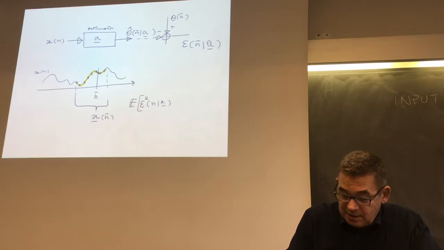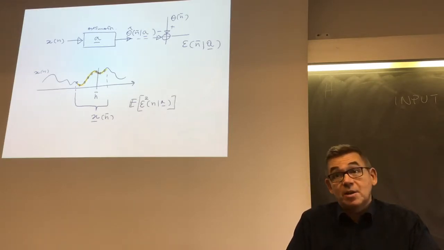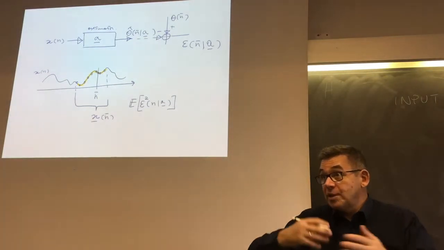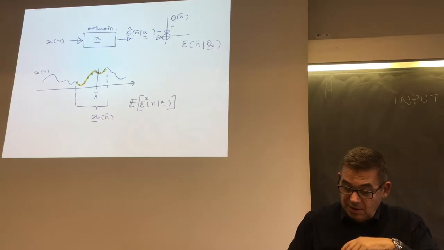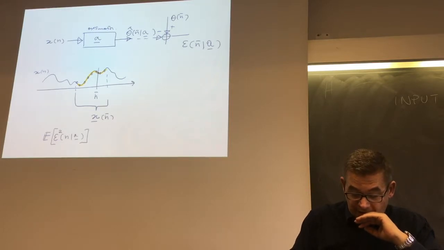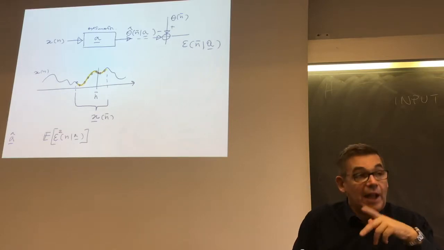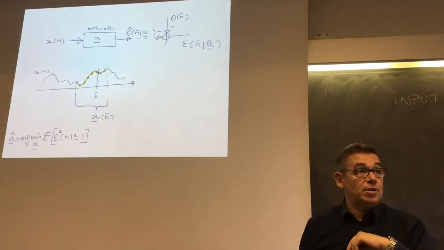Now when we do this, that means that we can do the expectation, that means that we know the statistical properties of the samples. What we did, again, is calculate the optimum one by finding A hat, or A optimal, which is the optimum estimator, as arg min with respect to A of the error.